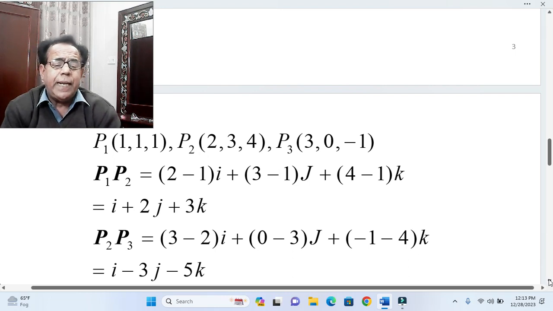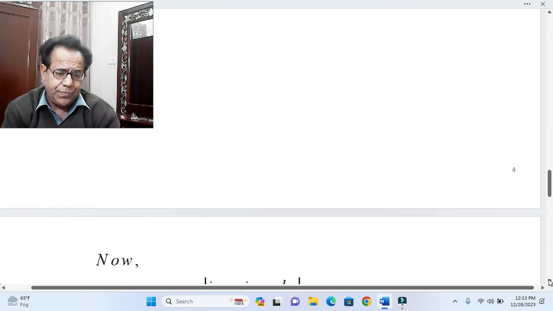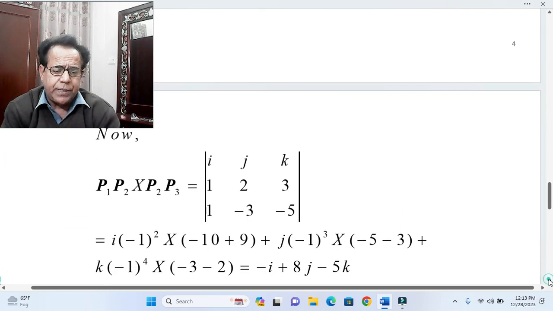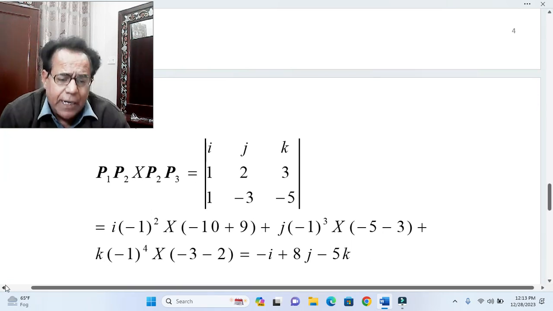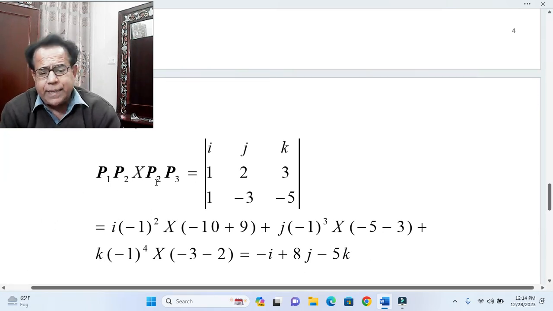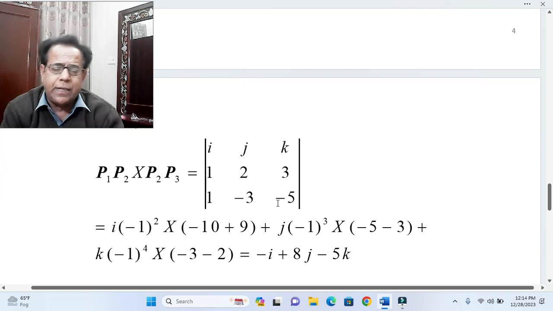Now we will take the cross product of these two vectors, which will give us P1P2 cross P2P3. We are taking the cross product or vector product of these two vectors. Its method is that in the first row we write i, j, k, in the second row elements of the first vector are included, while in the third row elements of the other vector are included.